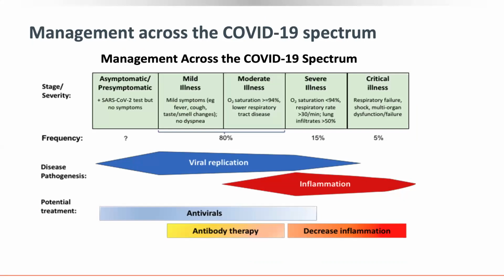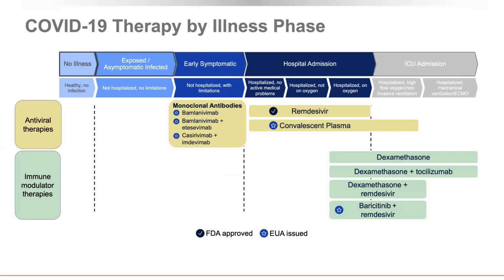Again, putting it another way, antivirals are useful in the early phase of disease, and once inflammation kicks up, you use the anti-inflammatories, and antibody therapy is better utilized in the early phase of the disease when someone has mild to moderate disease.